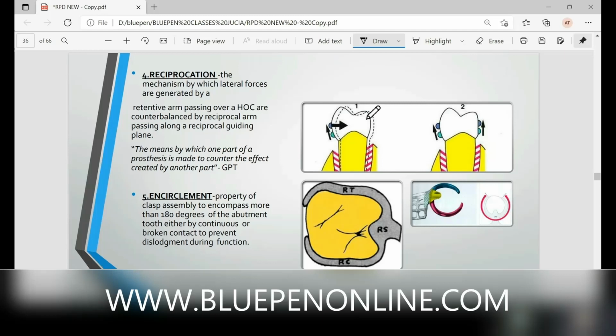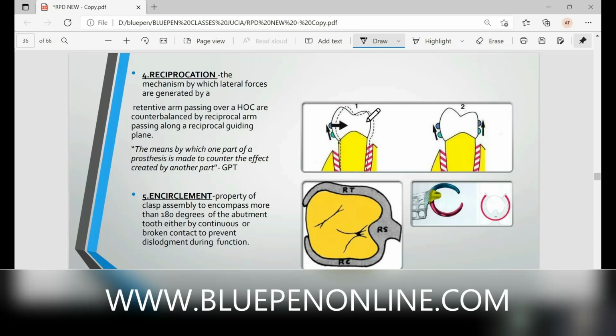This is counterbalanced by the reciprocal arm. That is reciprocation of the forces. One part of the prosthesis is made to counteract the effect created by another one. One is making some problems in order to prevent bigger problems. The other one will sacrifice or bear all these forces and stresses, and that will help in complete stability. So that's reciprocation.